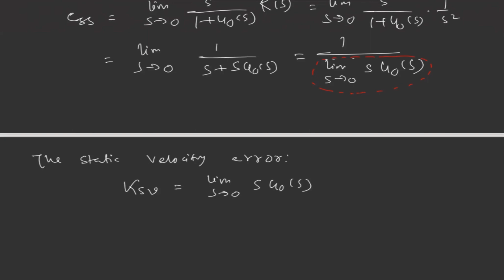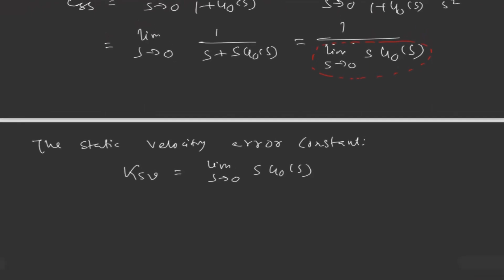So the denominator part we defined by KSV, which is basically a static velocity error constant. In terms of steady state error, we can write 1 upon KSV.